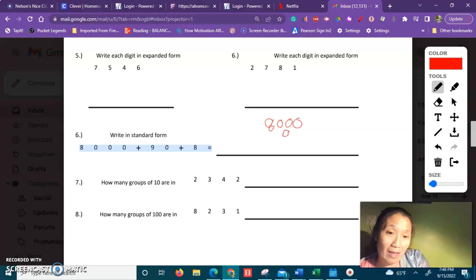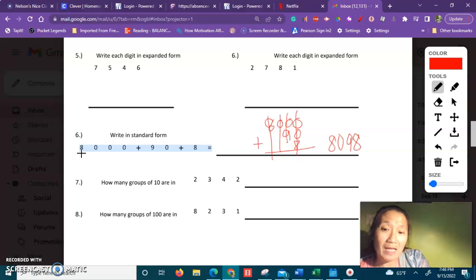Then 90, I line up my place values. I put the 0 and then 8. So I know if I add that, that'll be 8,098, because I just drop everything straight down. Okay, so I just add it vertically, up and down.